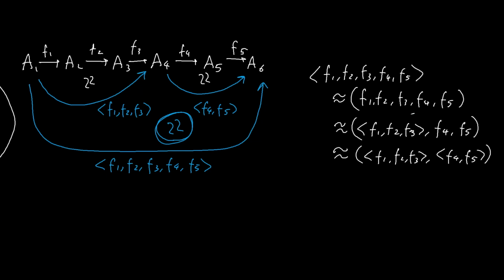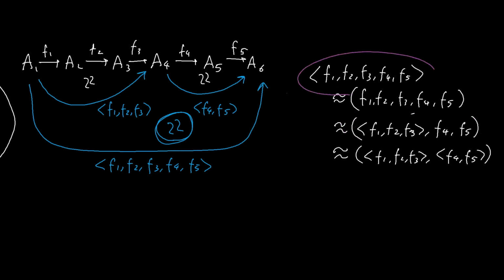And now I have a chain of equivalences. This is equivalent to that, just because that's how we introduced this morphism. It was something that would have been equivalent to that path. This is equivalent to that by congruence. This is equivalent to this by another congruence now applied on these two arguments. And in the end, we have a chain of equivalences by transitivity. Because this is equivalent to this and that is equivalent to this, one will be equivalent to this one.